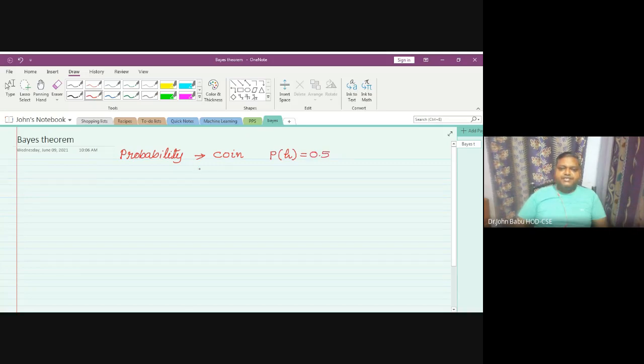We take a dice, probability of each event, each number, is 1 by 6 because there are 6 events. Then we talk about a pack of cards. How many cards will be there in a pack? 52.